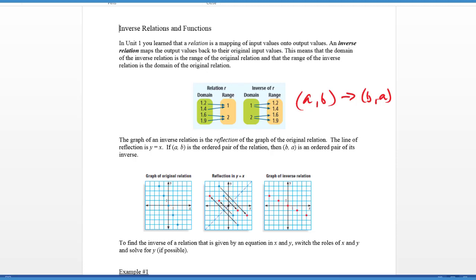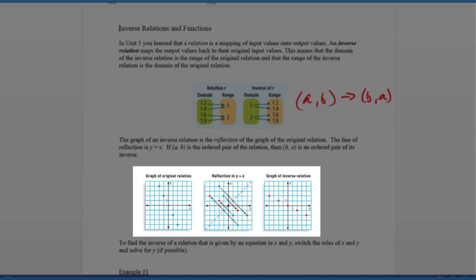If you recall from our unit on symmetry, when we map (a, b) into (b, a), we've created a reflection across the diagonal y = x. In this visual we can see an inverse relationship through its graph.